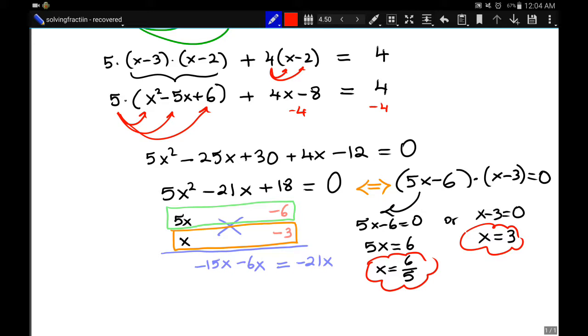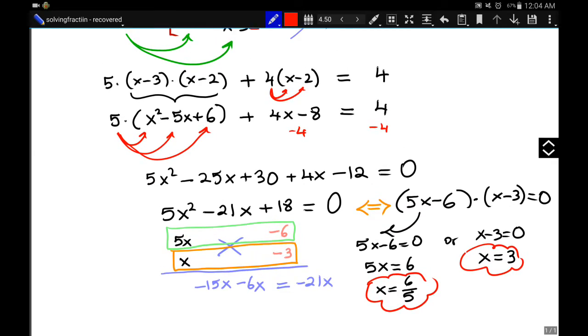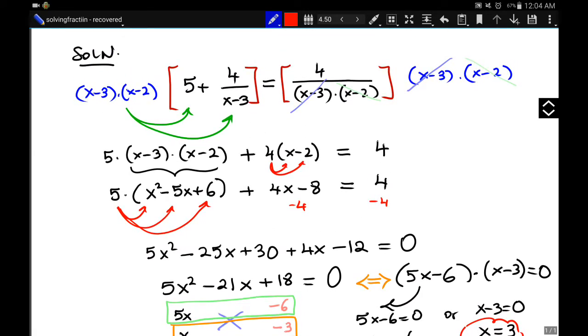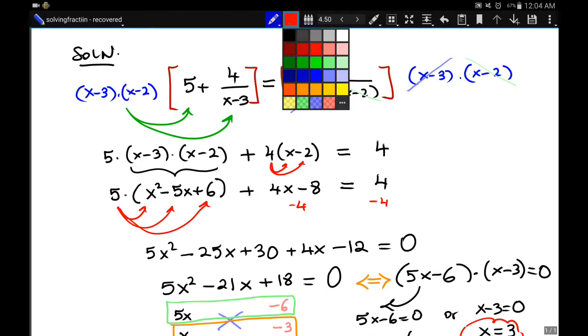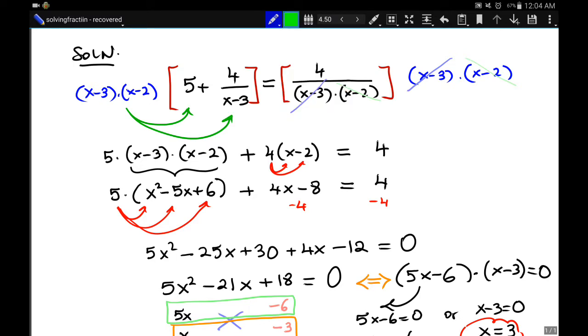Now we need to be careful and see whether they make sense. Look at the original equation. In the original equation, x minus 3 is in the denominator too. So in order for this equation to make sense, I have to make some exclusions. x can't be 3, so that we can multiply both sides by this, and x can't be 2.